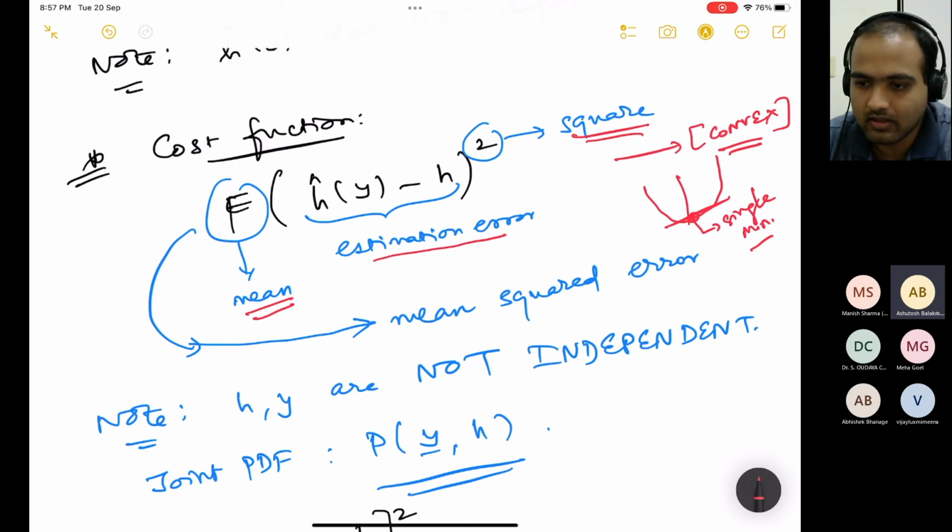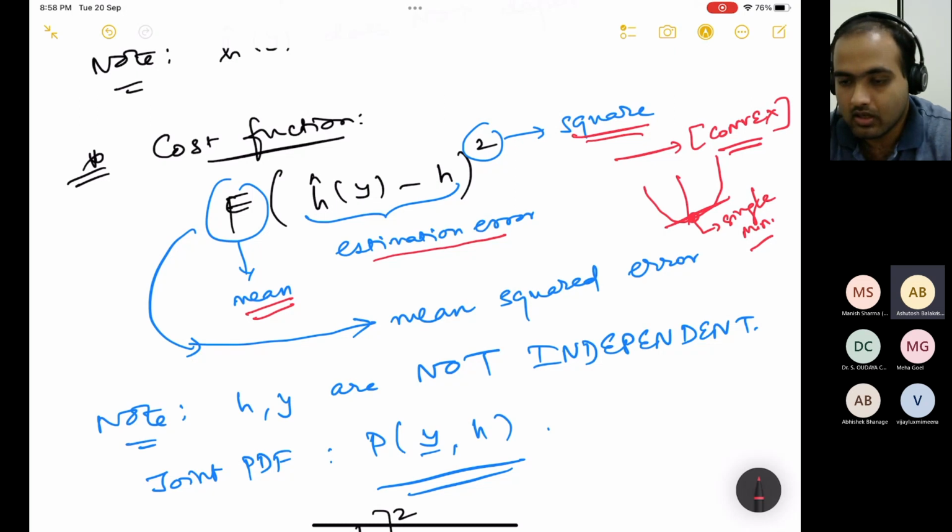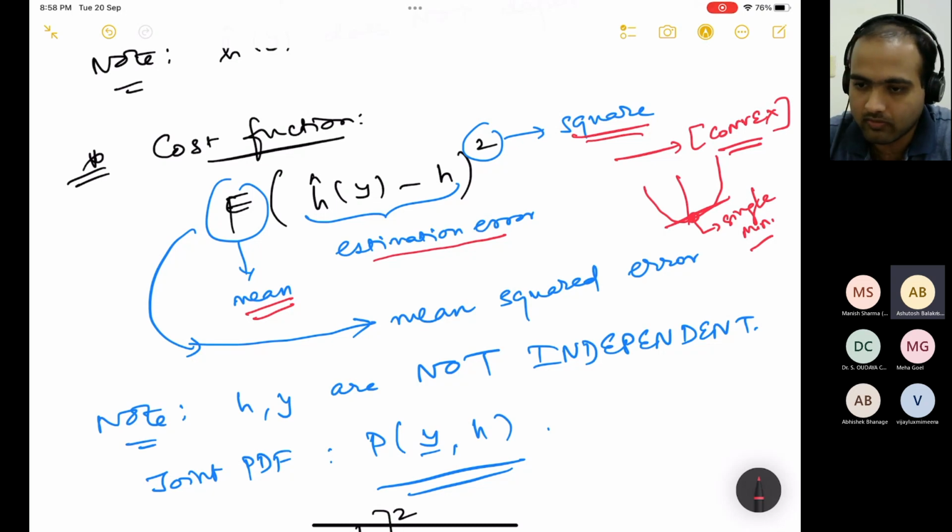So it is always easier to solve quadratic functions, which are of the power 2, right? That is why we are squaring it, so that it becomes a convex function, and then we can easily differentiate it and solve for the optimum h or the minima of the convex function, right?